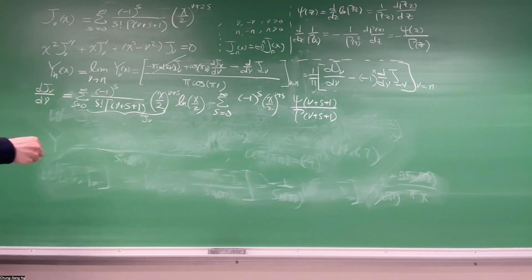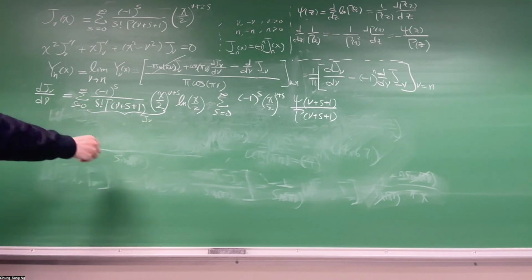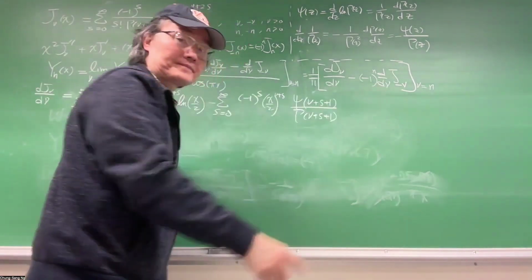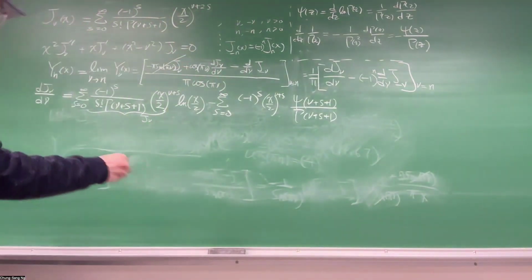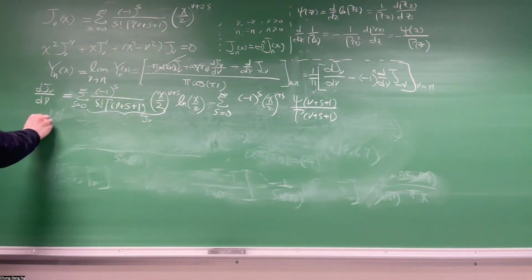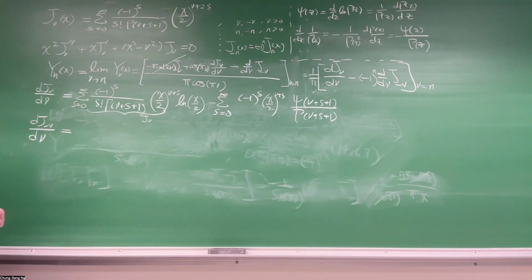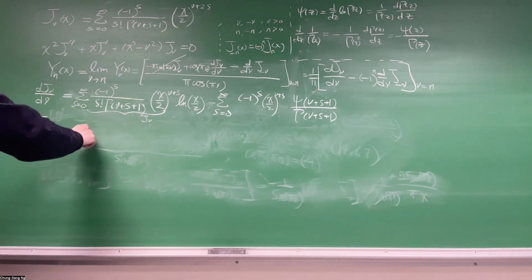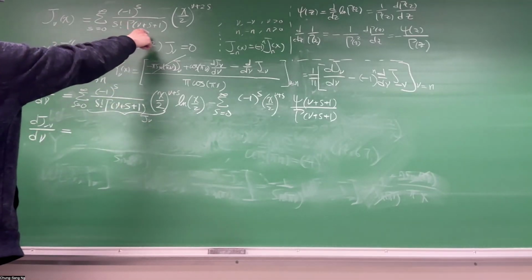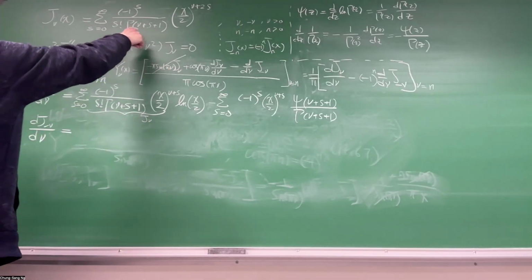And now we need to take this one, dJ minus nu over d nu, and so what we need to do is just change nu to minus nu here, right?